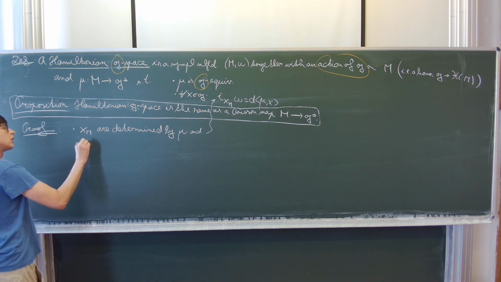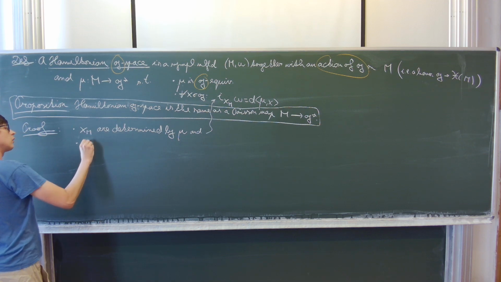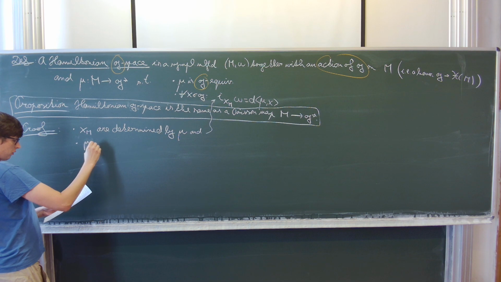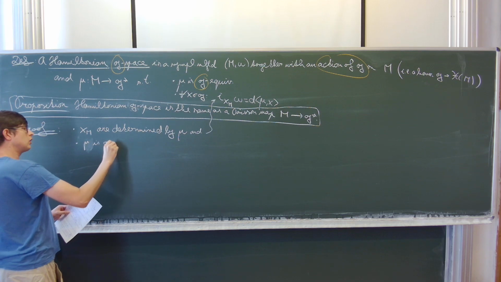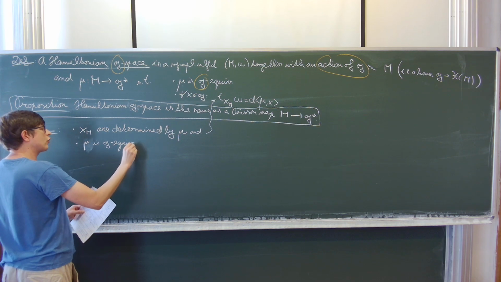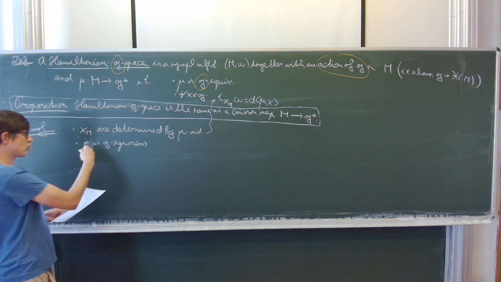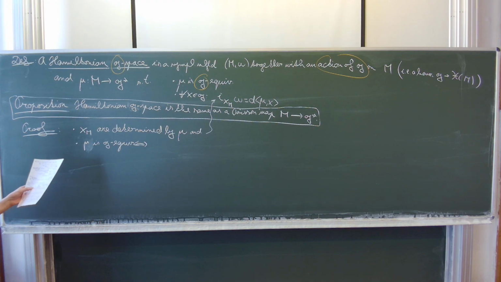Okay, so mu is G equivariant. What does this mean? So far, let me just try to rewrite this condition. What does it mean that mu is G equivariant?